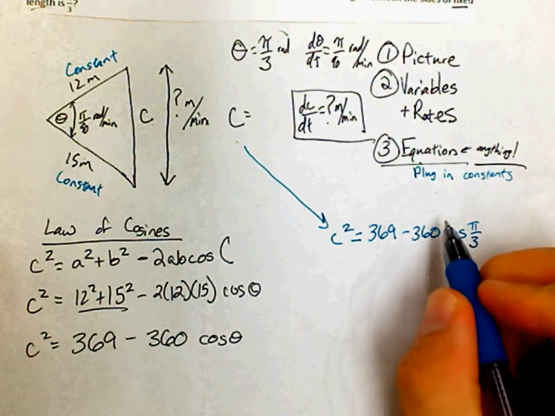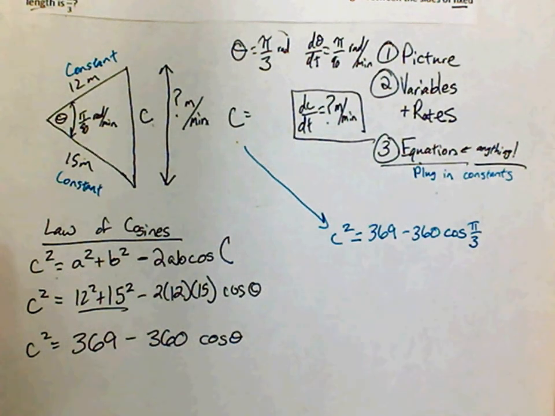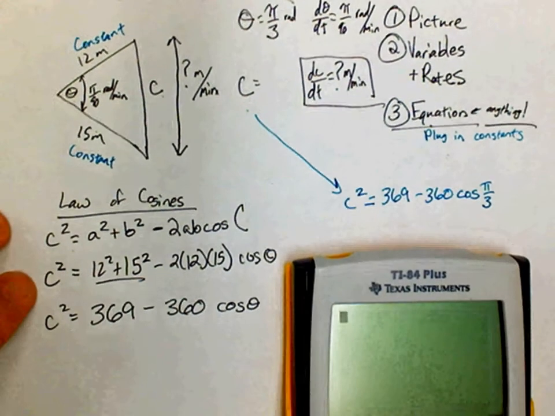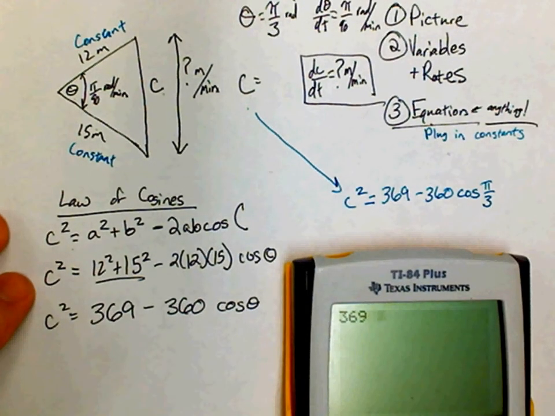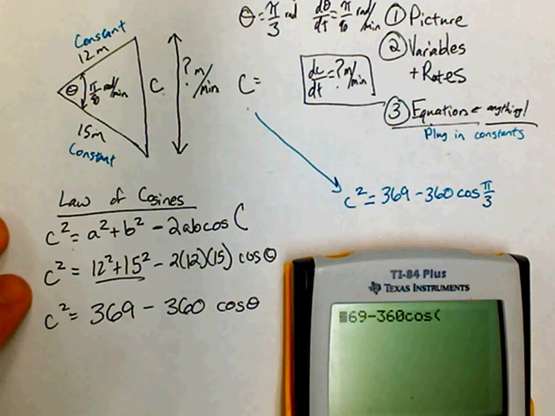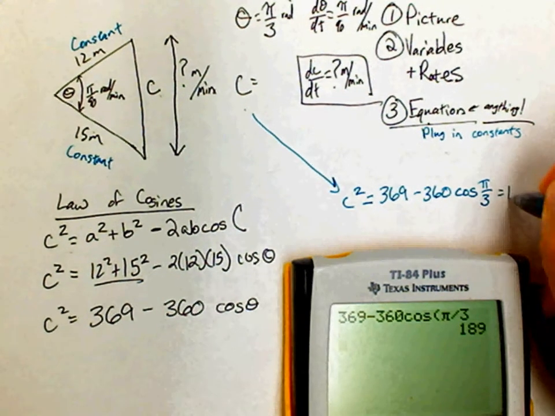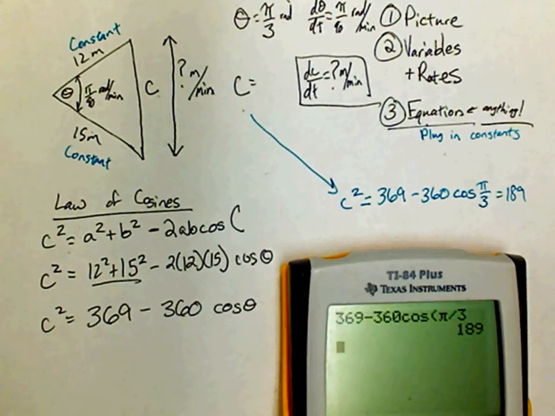You could actually do this by hand, but we've got a calculator, so we'll go ahead and use it. 369 minus 360 cosine of, make sure you are in radian mode always in calculus, pi over 3. I get 189. Now, keep in mind, that's not c.